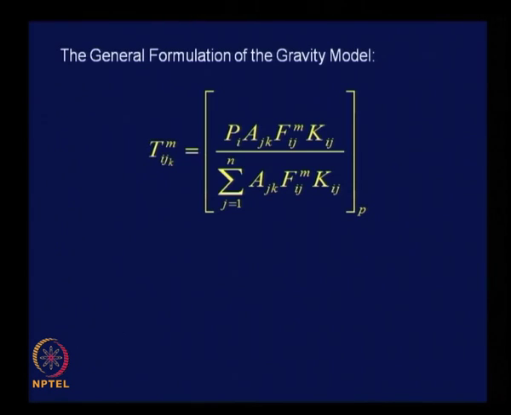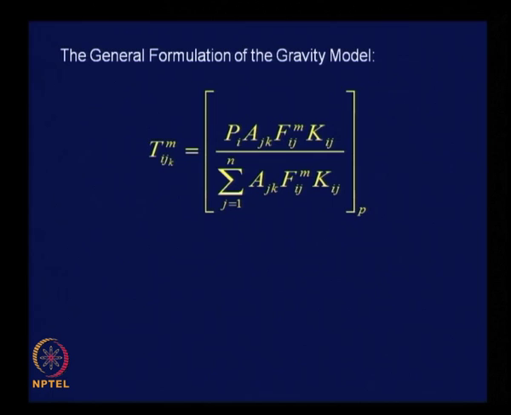The general formulation of the gravity model, a very general formulation, we are trying to generalize it further, can be written like this. Please note, we have written Tijk, there is one more subscript, and we have introduced a superscript for T, in fact it is T^m_ijk, equal to Pi Ajk.